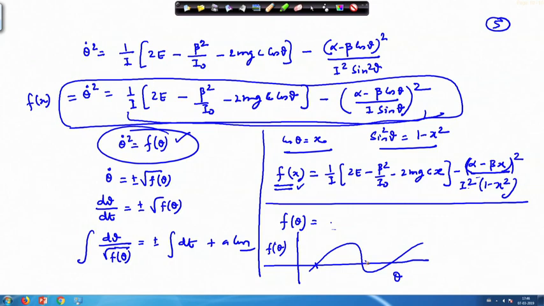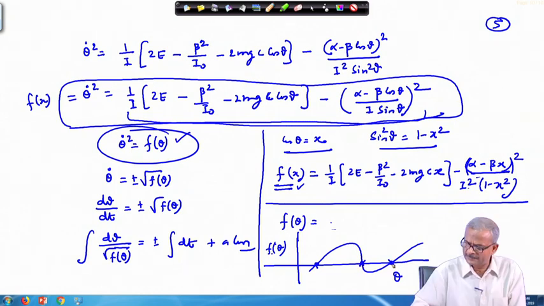This curve crosses the x axis in different places. In these places f theta will be equal to 0. So, what will be the maximum possible value of theta you can get from this place? Here this is the maximum possible and this is the minimum possible value.